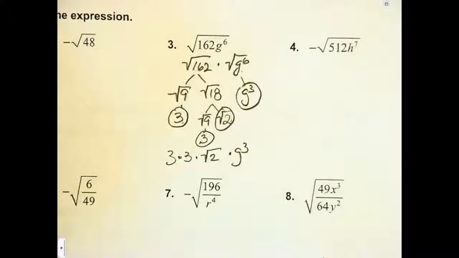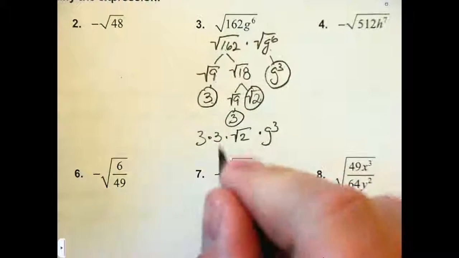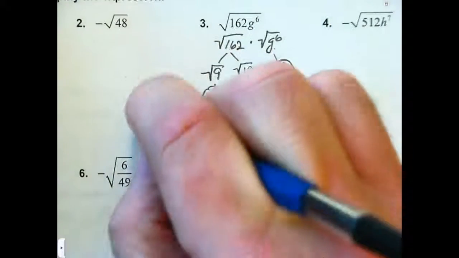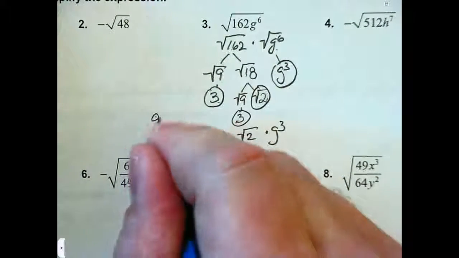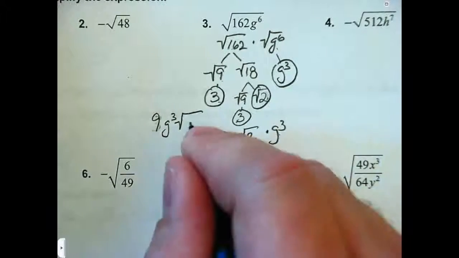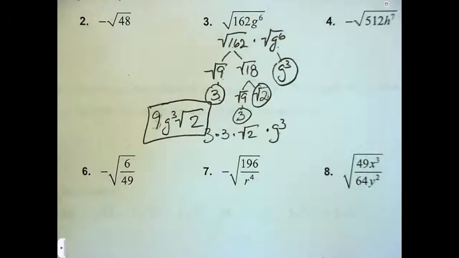We do not write it like that, however. We put everything that's outside of the radicals in front. So that would be 3 times 3, or 9, g cubed, root 2. That is our final answer. 9g cubed, root 2.